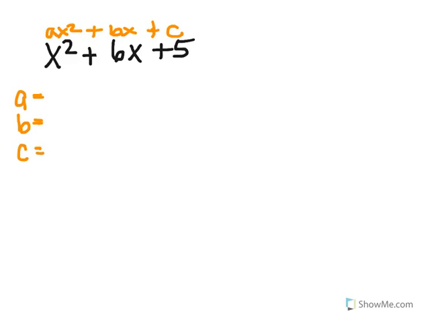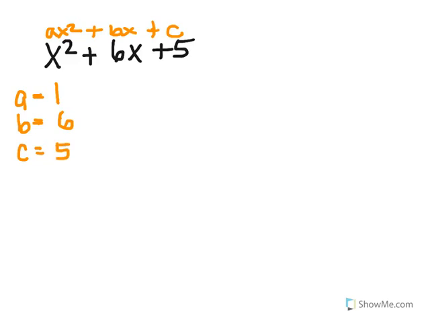When there's no coefficient in front of the x squared, what number is that? That's always a 1. It's there, but we don't see it. I like to ask, how many x squareds do you see right there? I see 1x squared. Okay, b is 6, and c is 5.